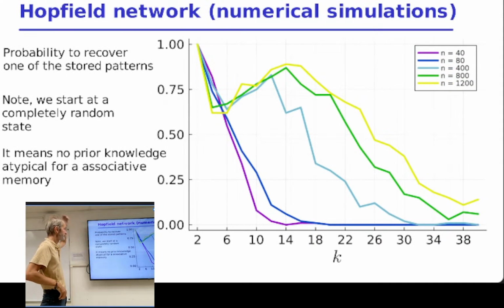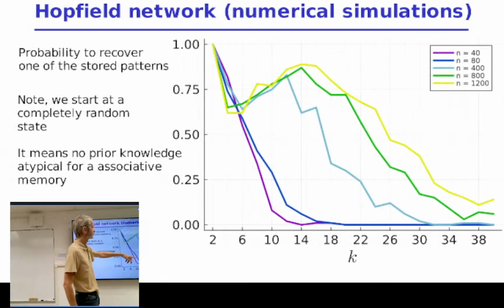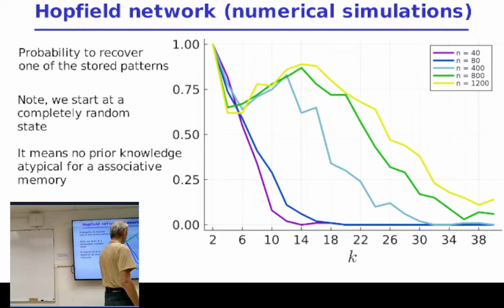So now this is the probability to end up at one of the stored patterns with this recovery process, starting from a random initial state. So if you have no knowledge. And then again, you have these different network sizes. Now here it is just K, it's not K over N, right?